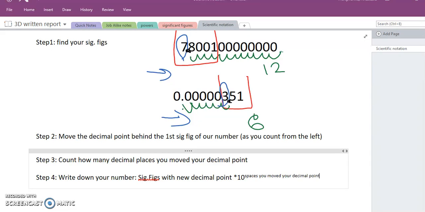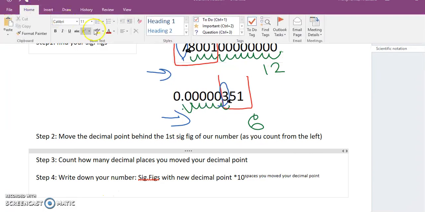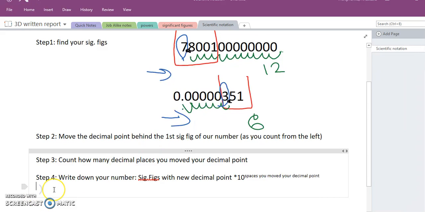Now, if you went to the left, then it is positive. If you move to the right, then it is negative. So don't forget, if you moved to the right, the exponent is negative.